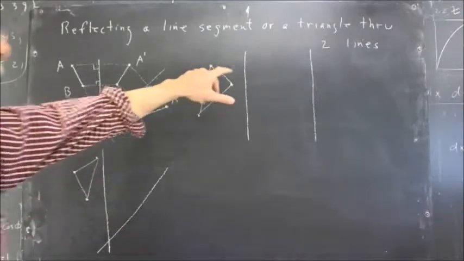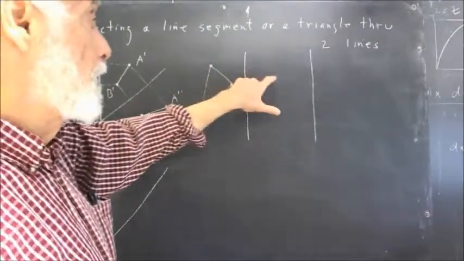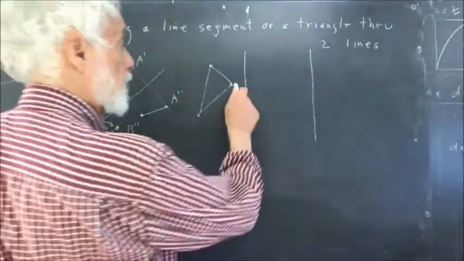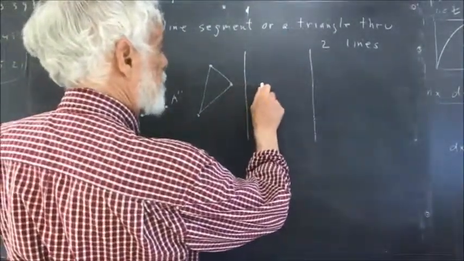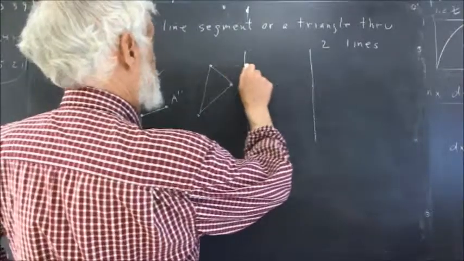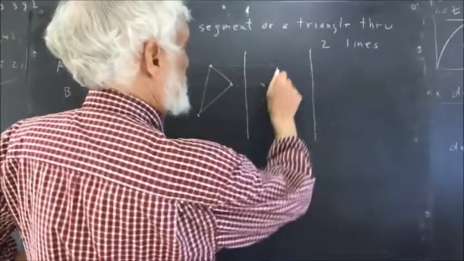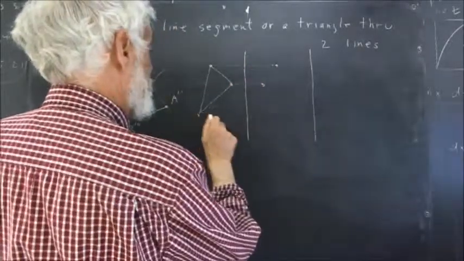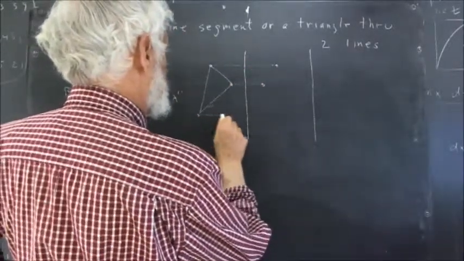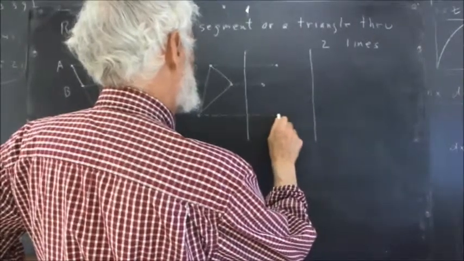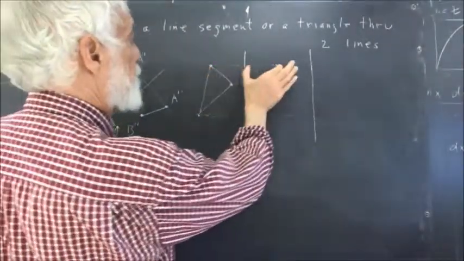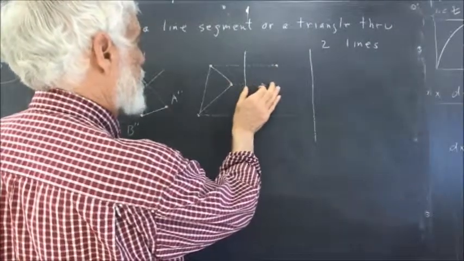But let's now reflect this triangle through these two lines. First this one, then this one. Now I'm going to do this fairly quickly because this one's pretty straightforward, and I'm not going to do a whole lot of explanation. I'm just going to concentrate on getting good right angles here, here, and here. Bad start there. Okay, now let's see, equal distance, fairly good, fairly good.